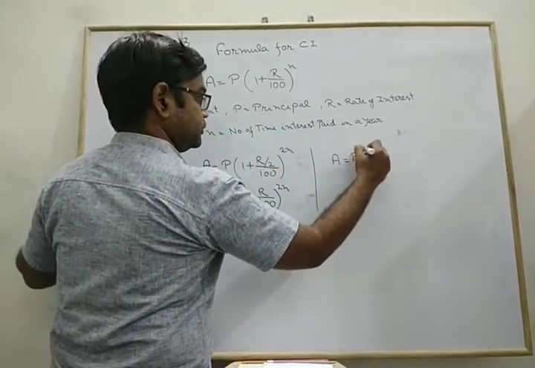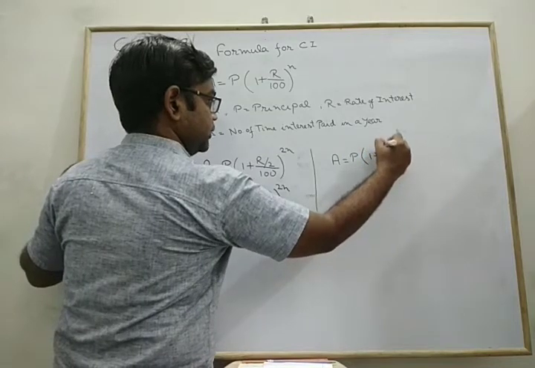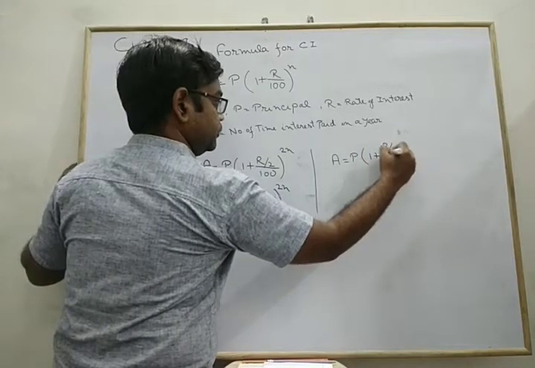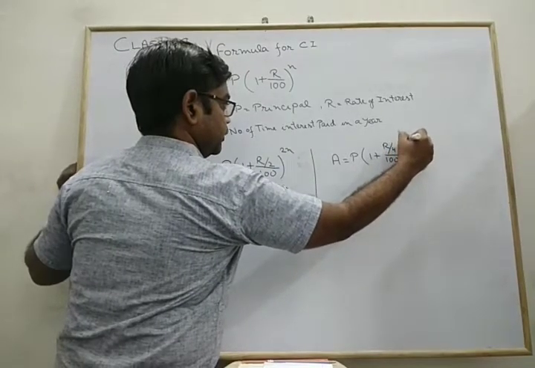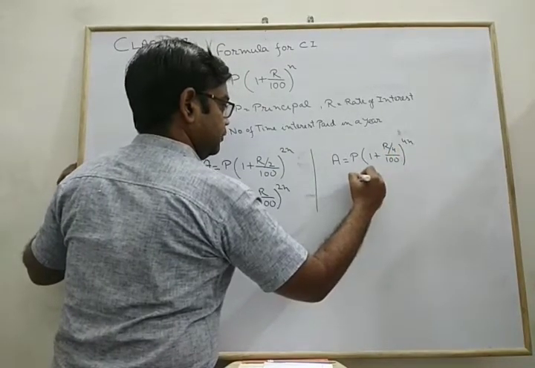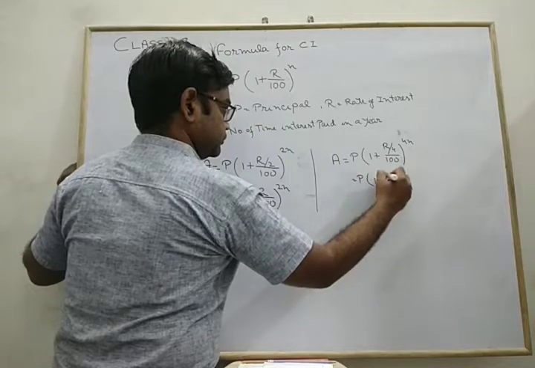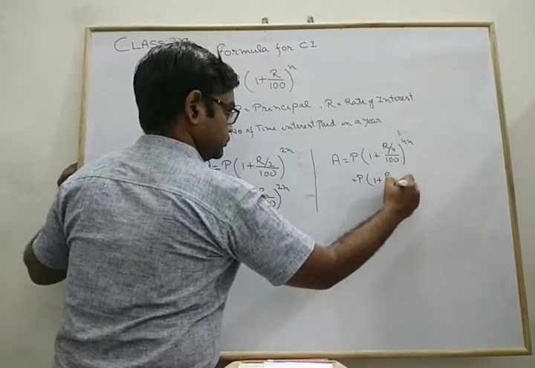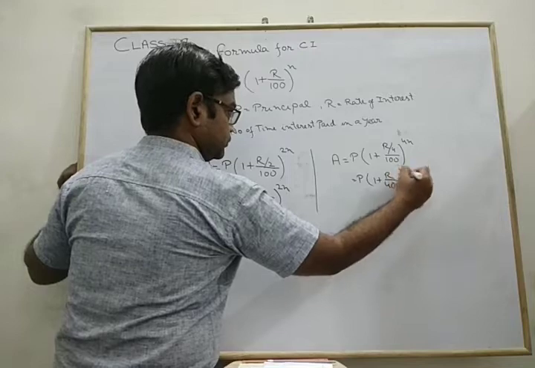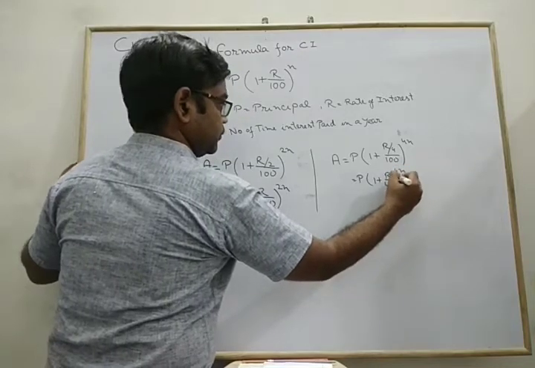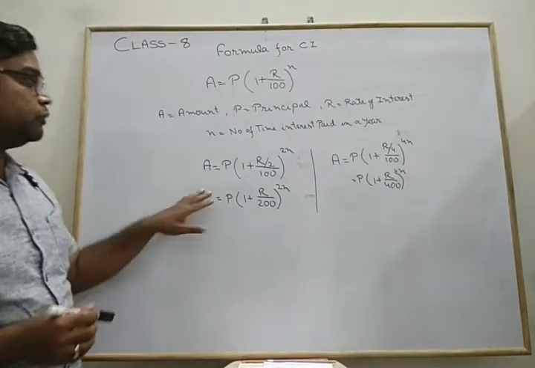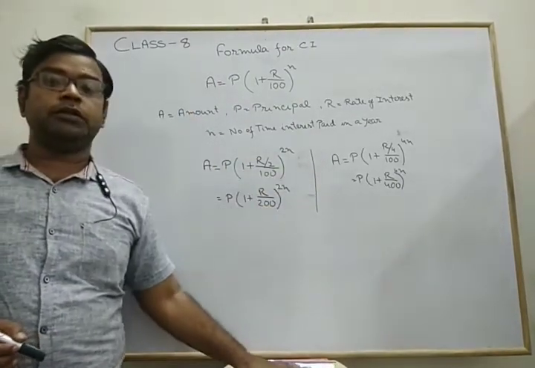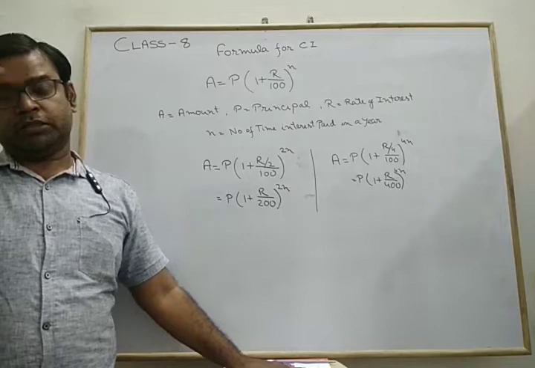So P into 1 plus, we divide the rate of interest by 4, upon 100 whole to the power 4. So these are the formulas we are going to use while solving the questions of the exercise. Let's start.